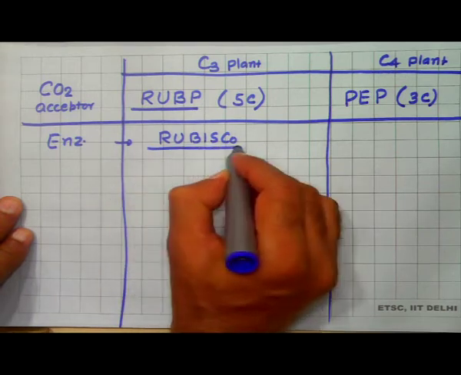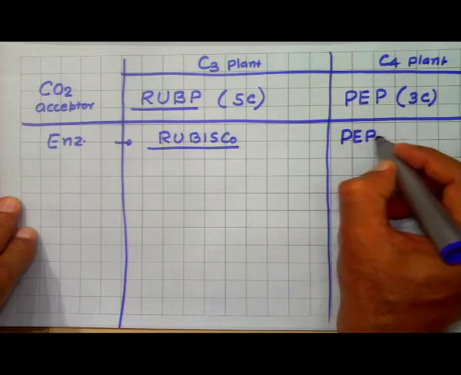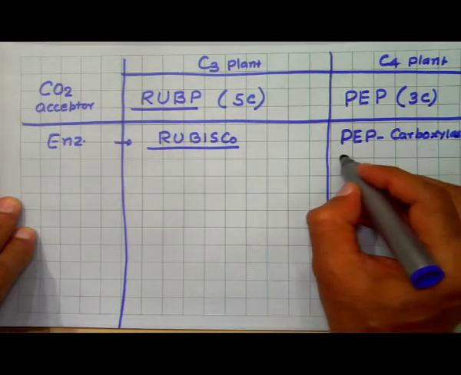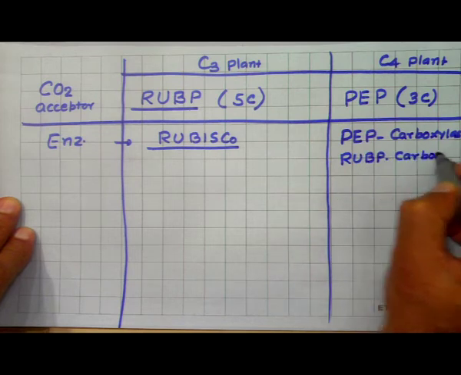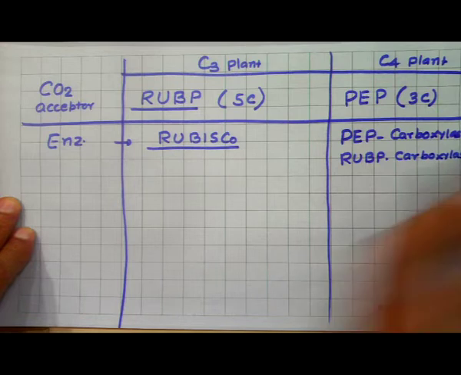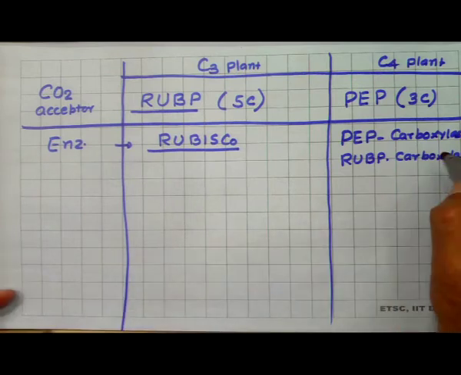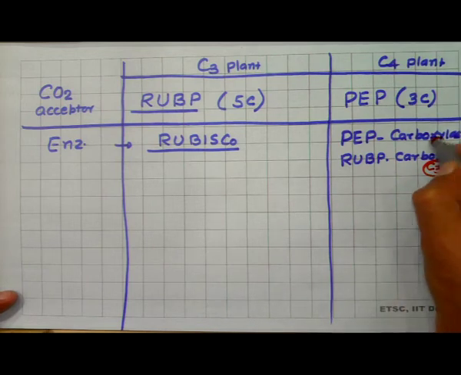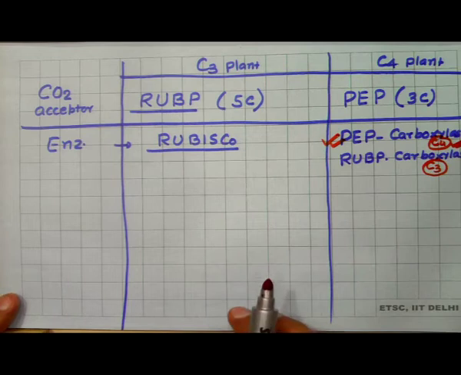and here two enzymes are involved, PEP carboxylase and RuBP carboxylase. Why are two enzymes involved? Because in C4 plants we have already seen the C3 cycle is operated in the bundle sheath cell and the C4 cycle is operated in the mesophyll cell, where the enzyme required is PEP carboxylase.